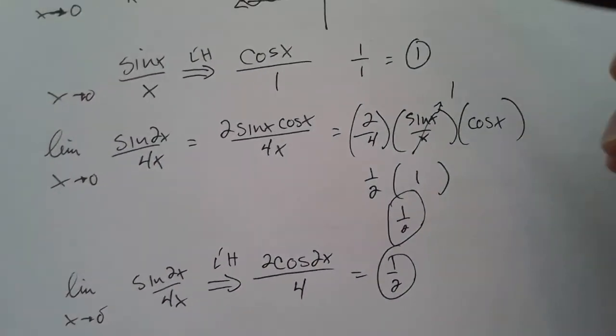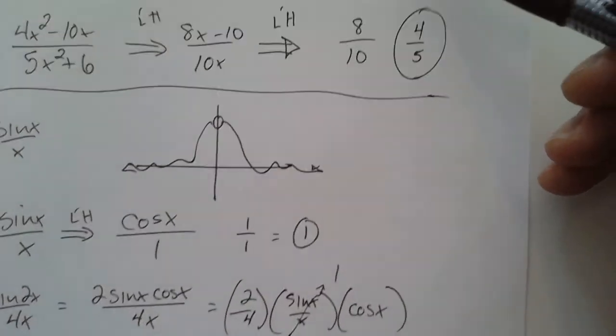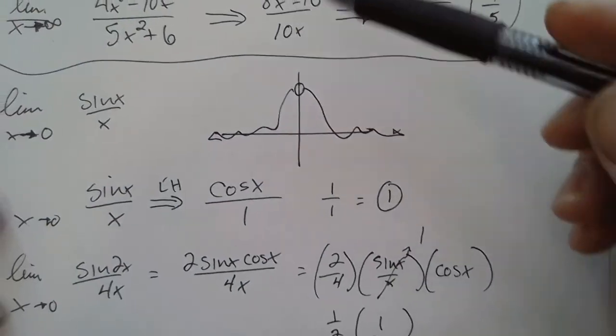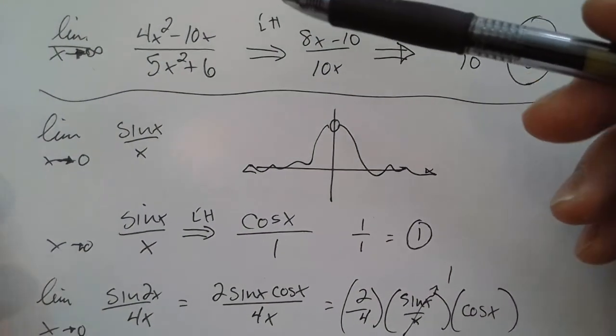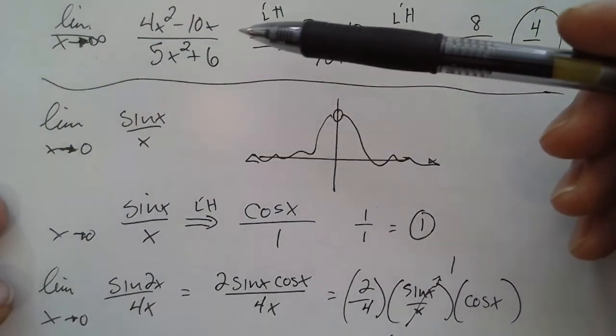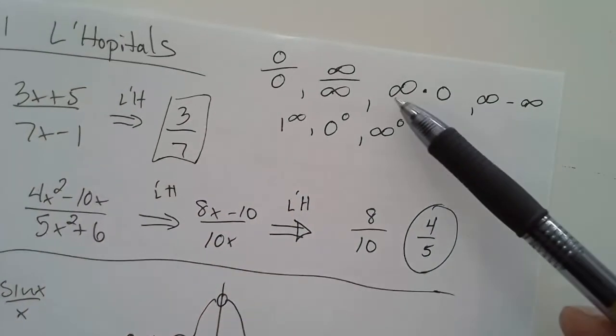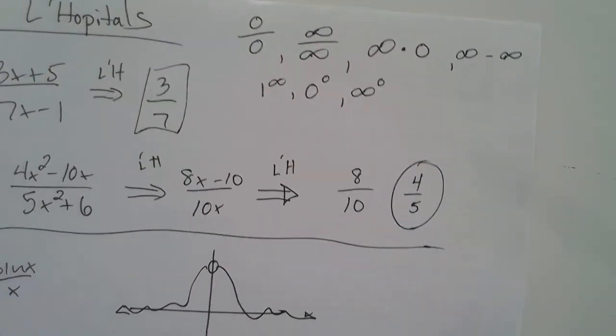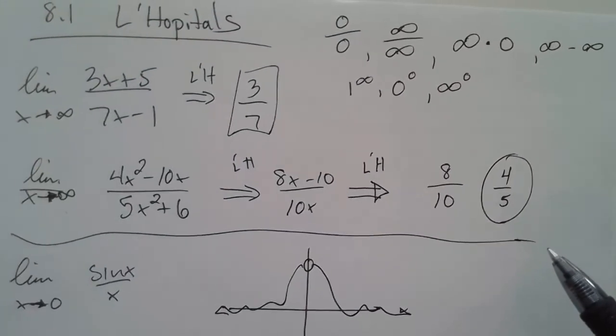Like I said before, there's a number of different examples, more involved, but I think just knowing that you can always do the derivative of the top over the derivative of the bottom, assuming it's in indeterminate form and it's written as a fraction, it's a really good way of evaluating limits.